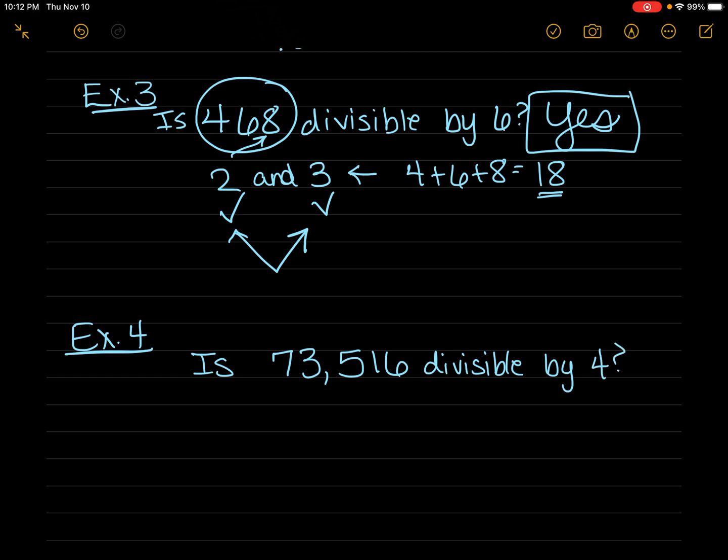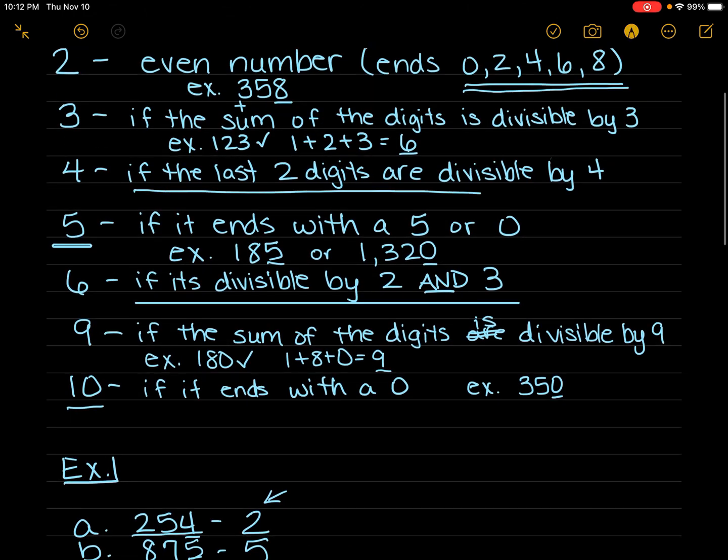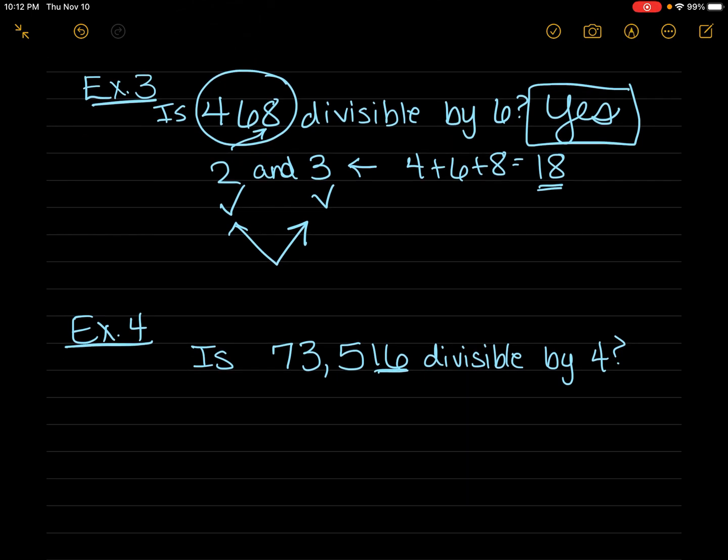Okay, so for the 4, the rule is if the last 2 digits are divisible by 4. So if these 2 digits are divisible by 4, then this is a yes. So is 16 divisible by 4? Yes, because 16 can be divided by 4. So that answer is yes.